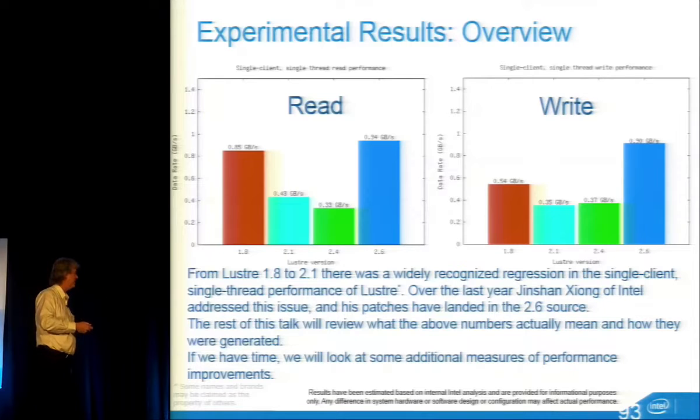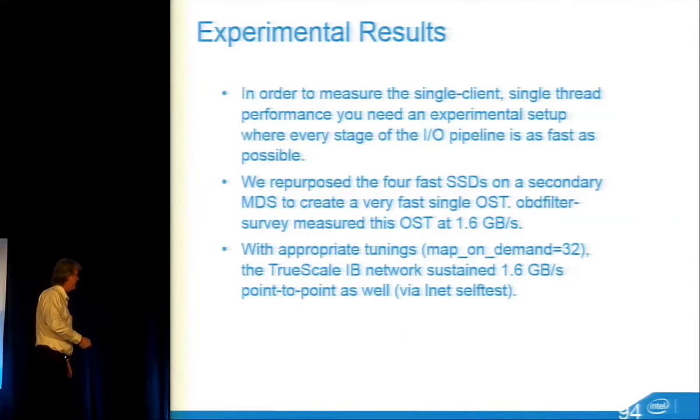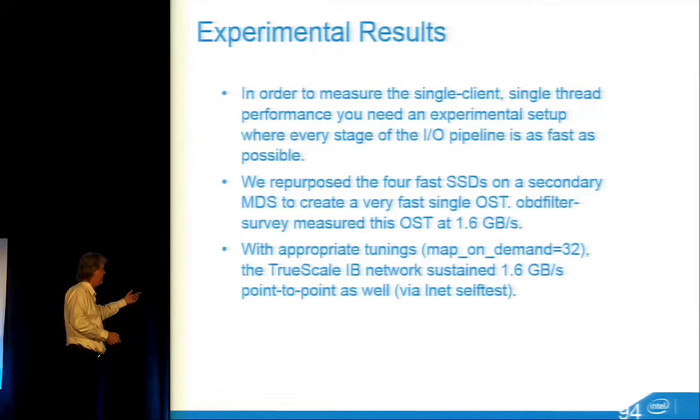So the next few slides are going to talk a little bit about how we actually went about measuring it. So here's where I mentioned that we're doing the super fast SSD-based OST for these tests.